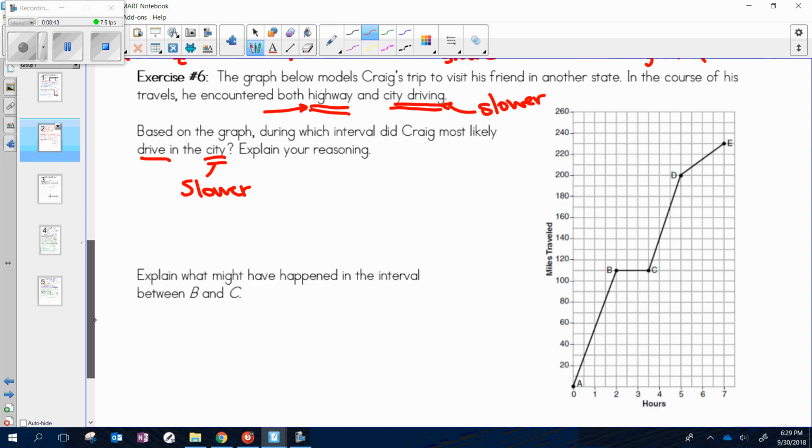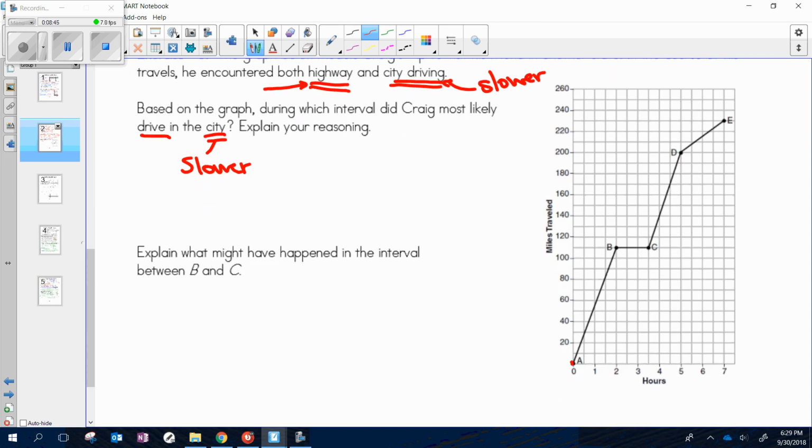So I looked down at the axis and I said the intervals seem to be broken up 0 to 2, 2 to 2.5, 2.5 to 5. All I'm doing is I'm looking between these pieces of graph here, and 5 to 7. So from 0 to 2, it looks like he traveled how fast?